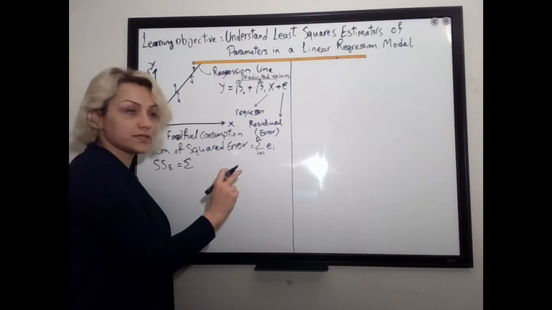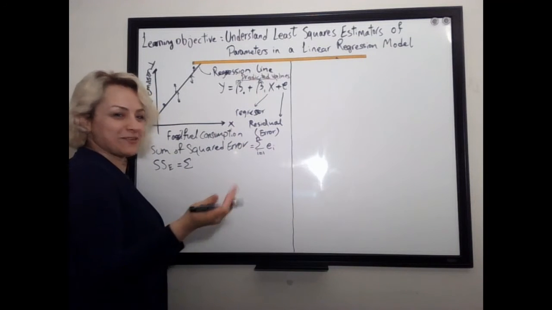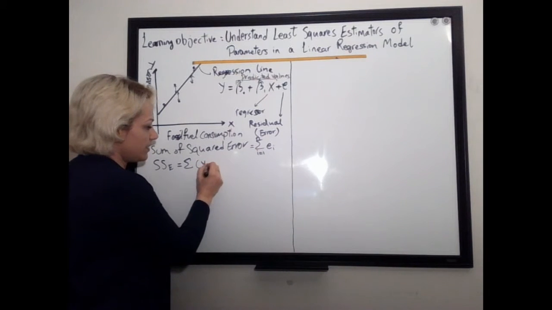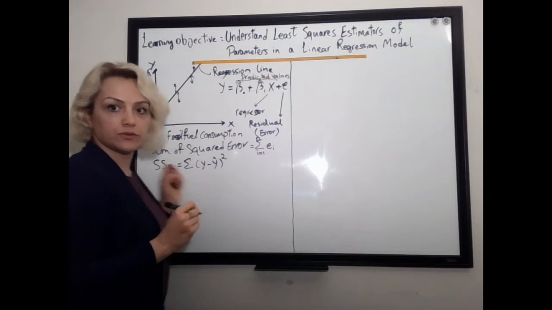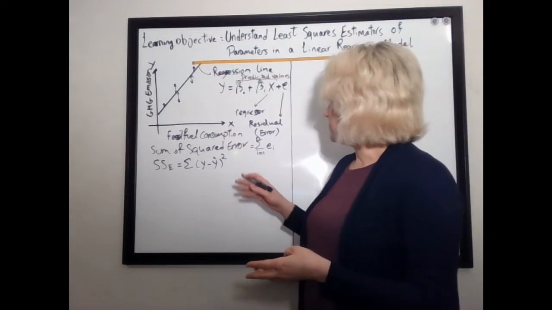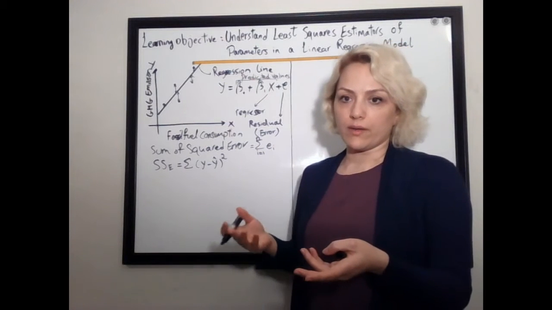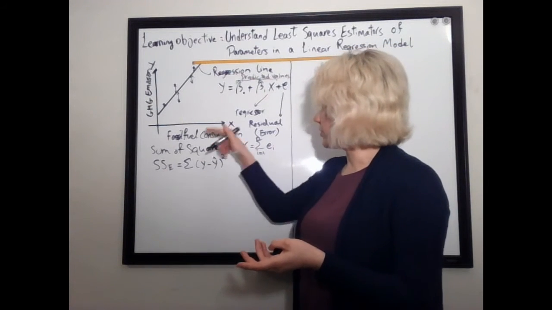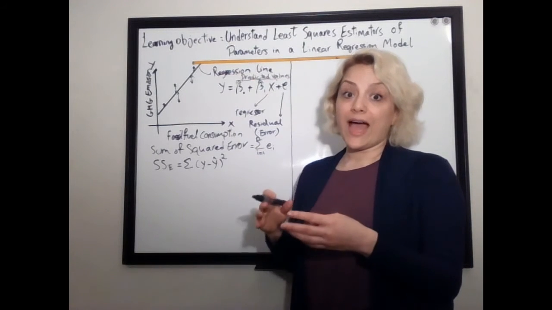This e_i, what is it? It's y minus y estimate, to the power 2, because it's the square of it, right? It's for i equal to 1 to n, for each of these data points. So this is the sum of the square of the error, and we had it in the previous video as well.